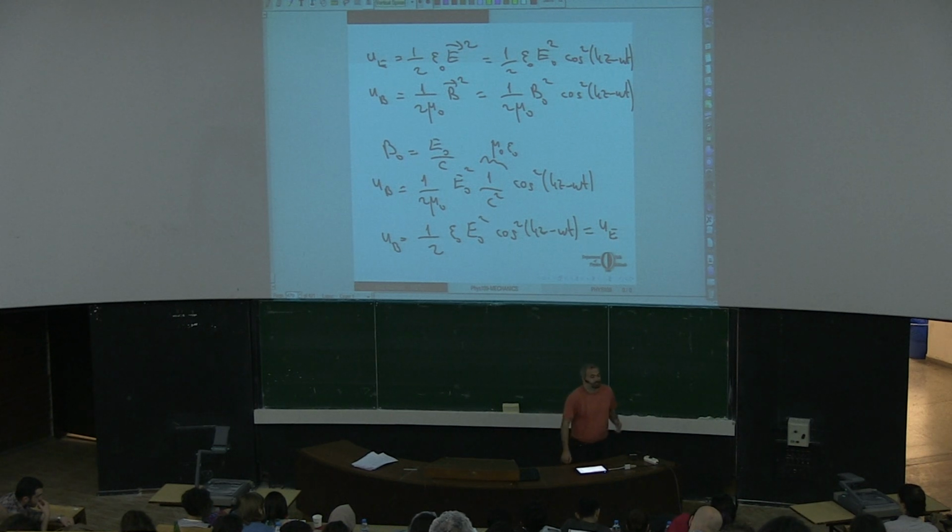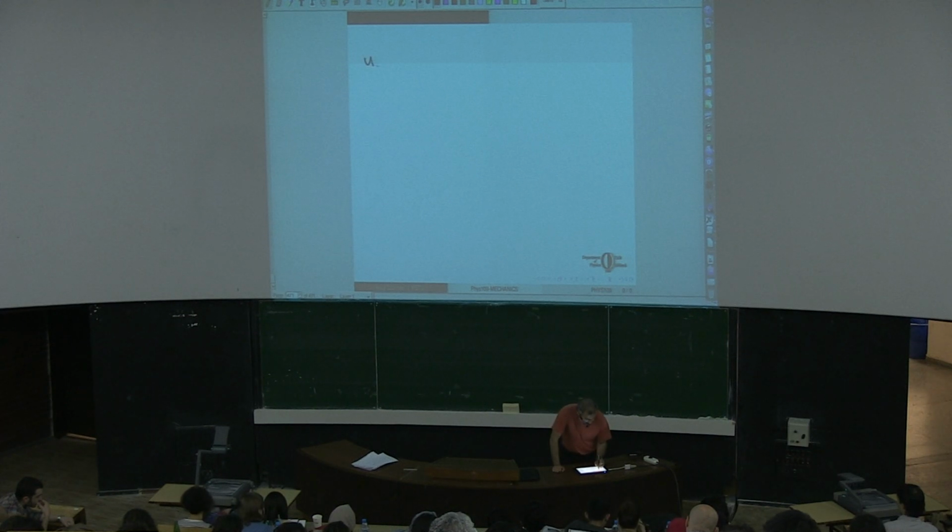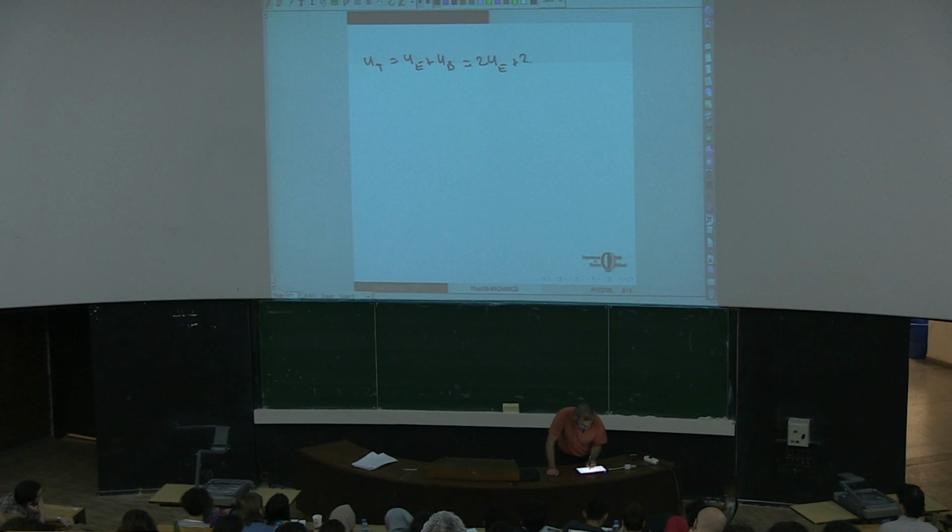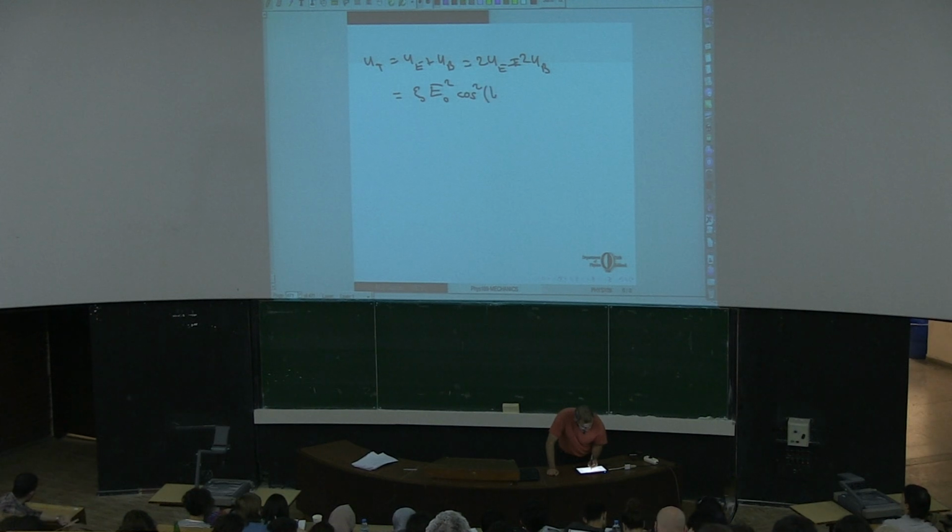So the total energy, you can just say it is the sum of the two, or twice any one of them. The total energy density would be the energy density in the electric field plus the energy density in the magnetic field, or twice the energy density in the electric field, which is epsilon 0 E0 squared cosine squared (kz minus omega t); there's no 1 over 2.